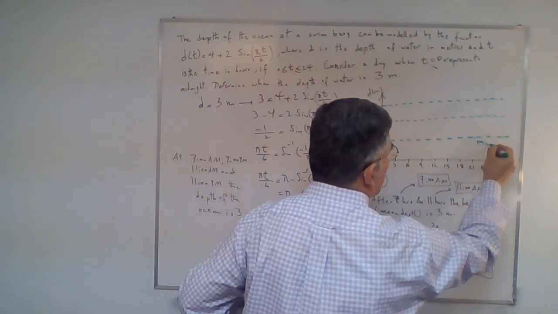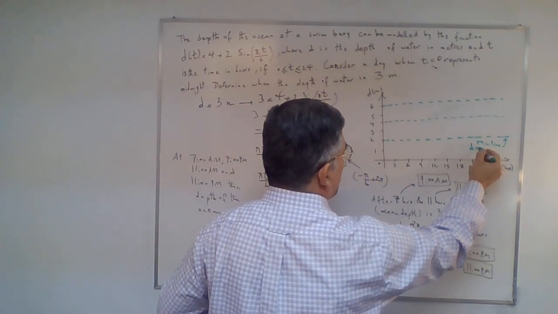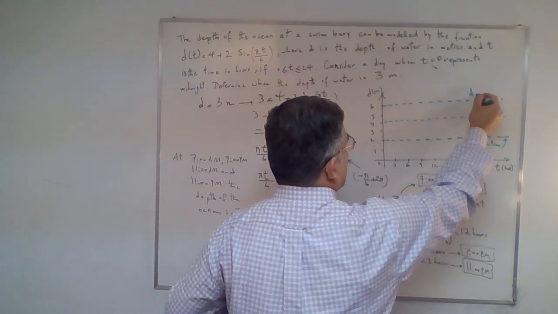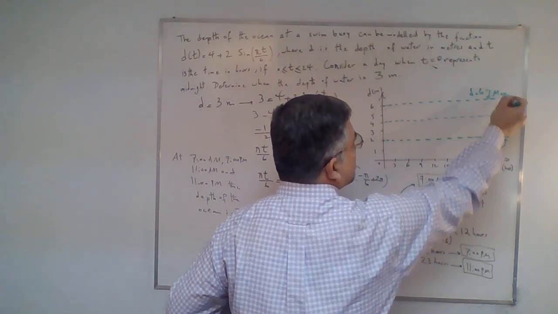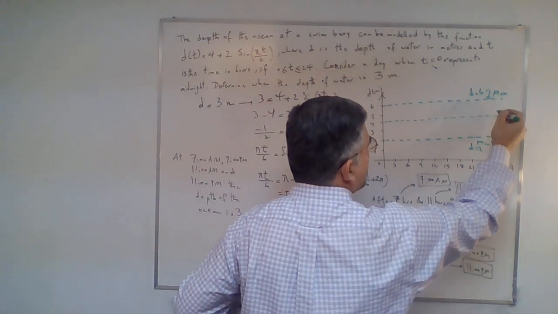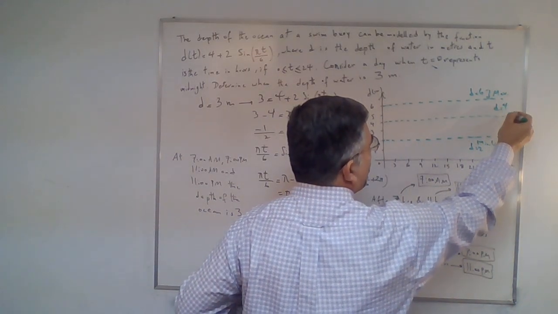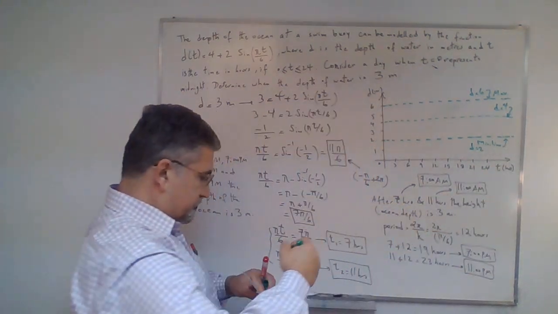So this is the minimum line, which is actually d equals 2 meters. This is d equals 6 meters, which is the maximum line. And this one is going to be d equals 4, which is the axis of the curve, basically, right?